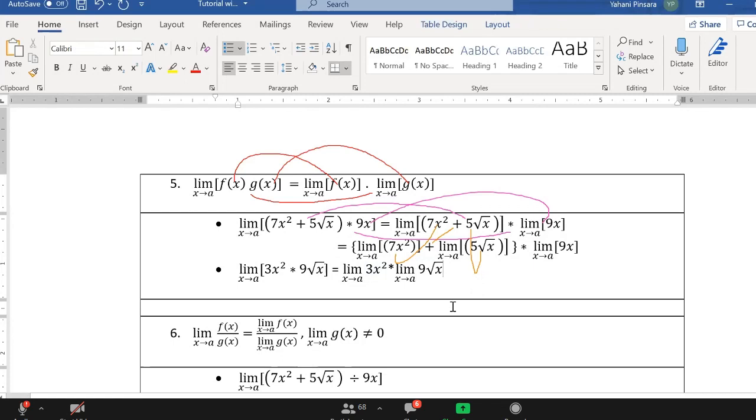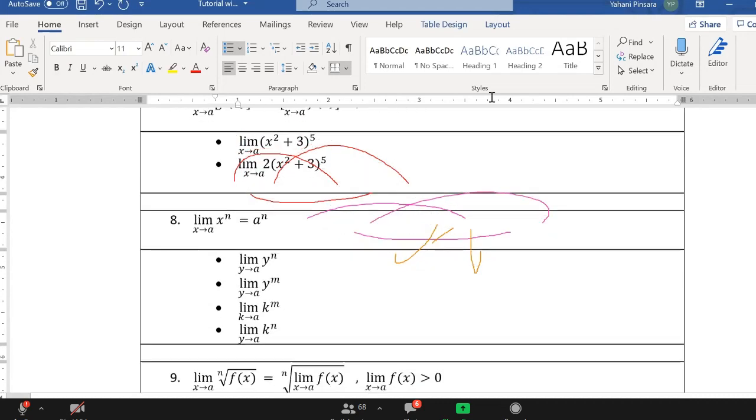Then by applying this rule, you can proceed to this step, right?